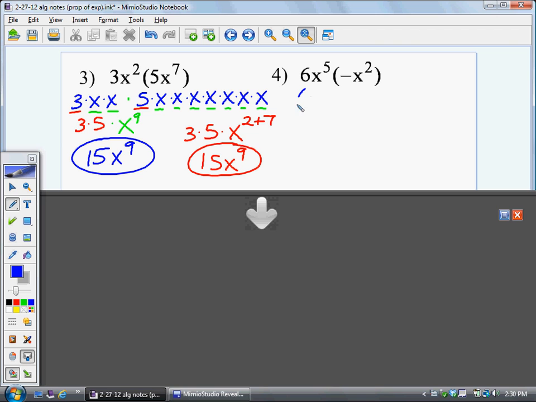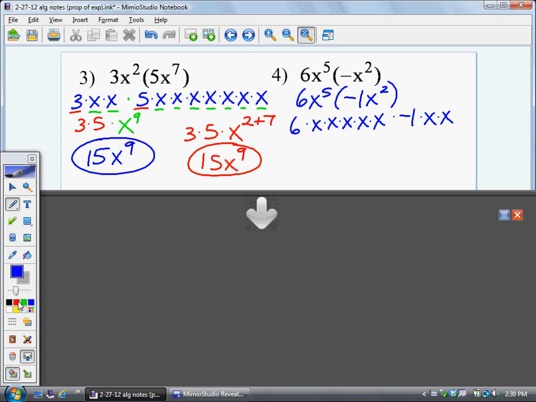On this one thing to keep in mind is that negative x squared is actually negative 1 times x squared. That exponent 2 is only on the x, it's not on the negative 1. So when we multiply this out, you get 5 x's here, and then you have a negative 1 and 2 more x's as factors. So there are all my factors.